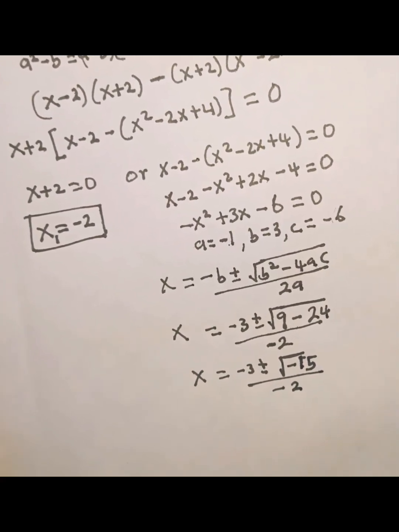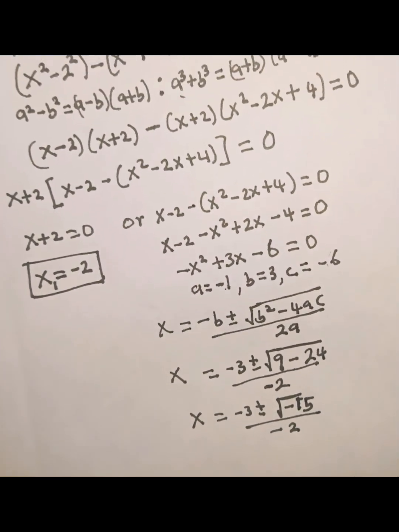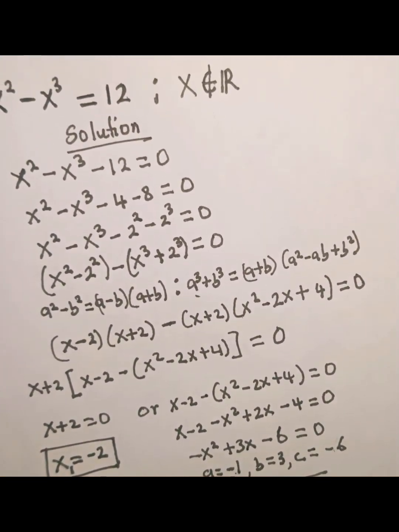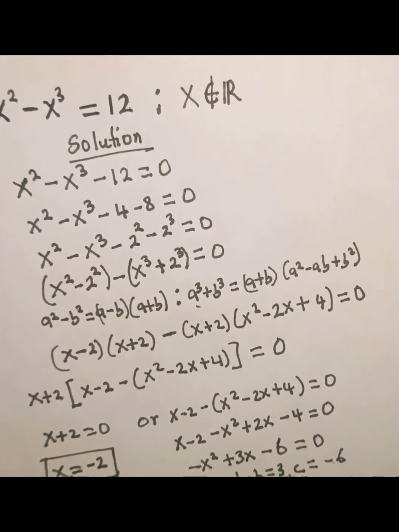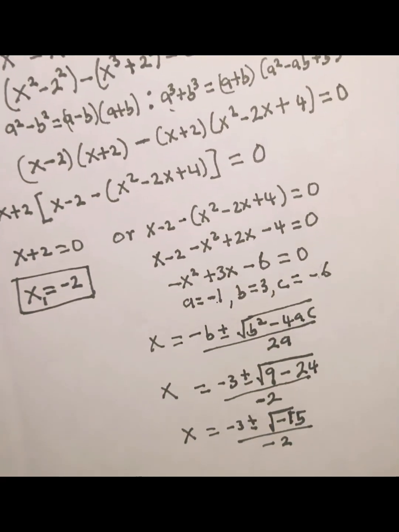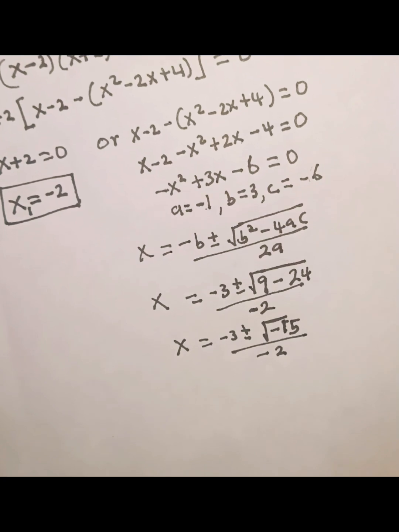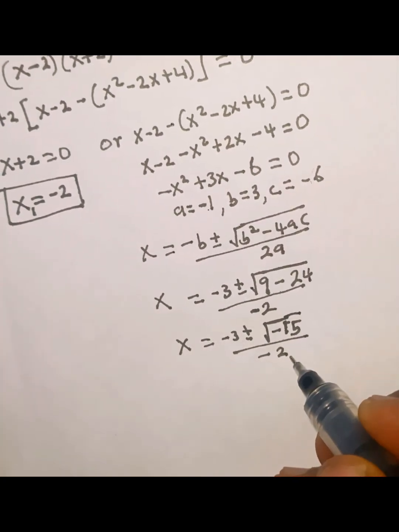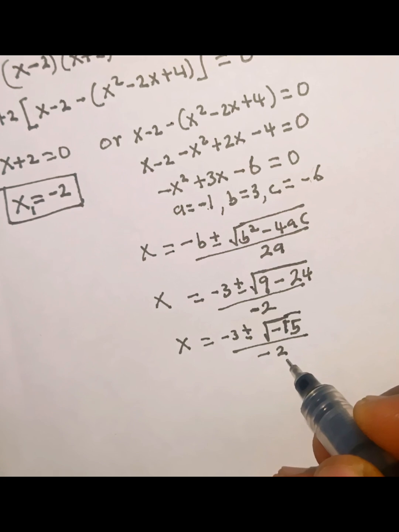We don't need to even continue from here, because if you remember, the equation says we should find the real number that satisfies the equation. So as you can see, this quadratic equation, we're going to arrive at complex solution, because when you are taking the square root of a negative number, you must introduce an imaginary number.